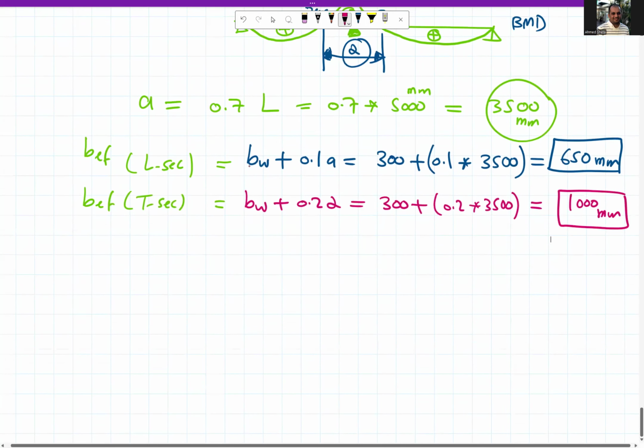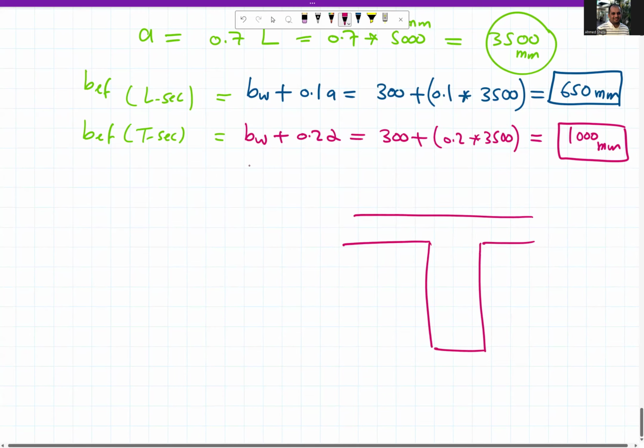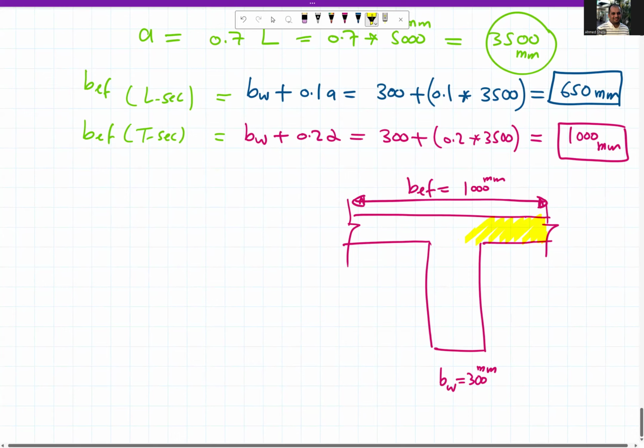So to interpret these two values, this means that this is our T section. This is BW equal to 300. So this is our B effective equal to 1,000 millimeter. So this is our cross section, T section.